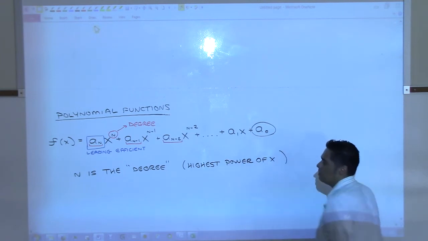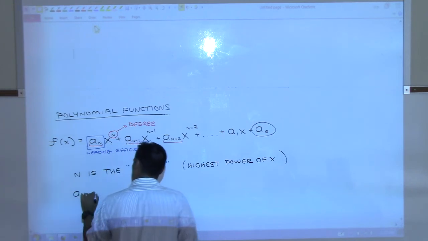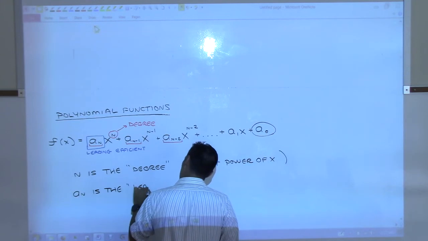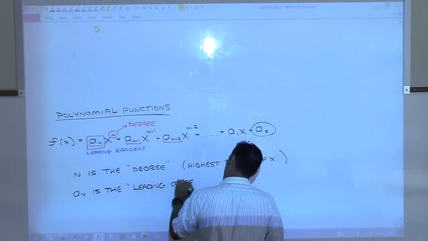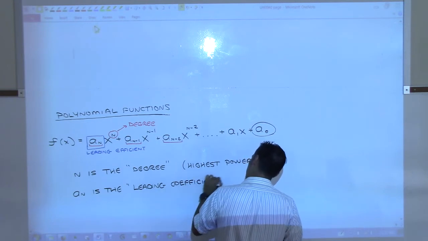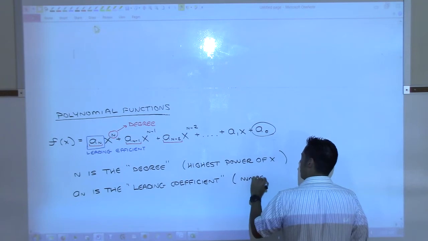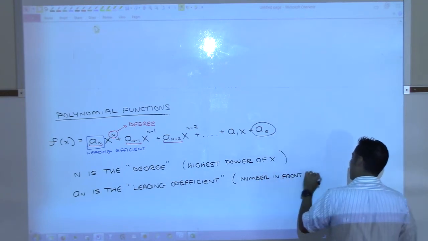And then a sub n is the leading coefficient, and that is the number in front of the highest power of x.